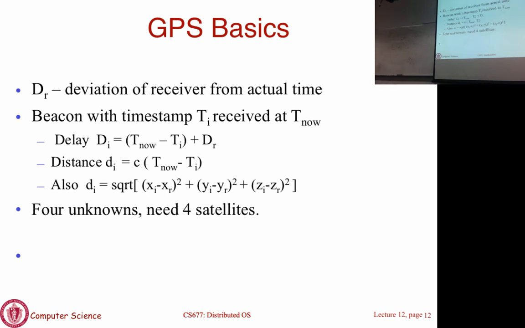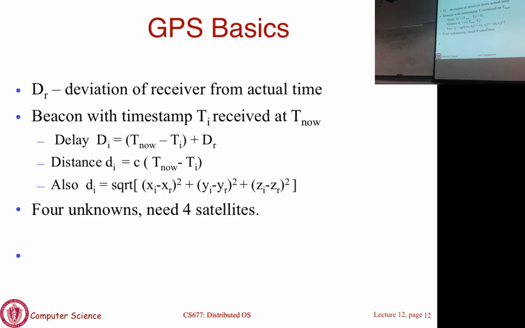Here you have three unknowns, x, y, z, while x1, y1, z1 are known terms. These two distances are the same, two different ways of computing d, so you just say this is equal to that. That gives you one equation with four unknowns: x, y, z, and delta. So you now have a nonlinear equation with four unknowns.